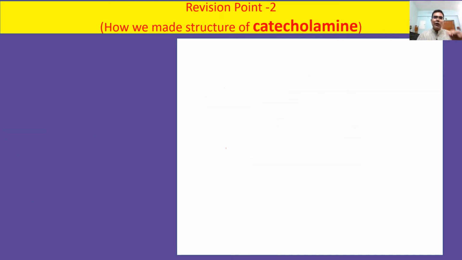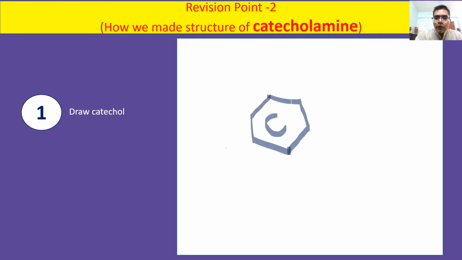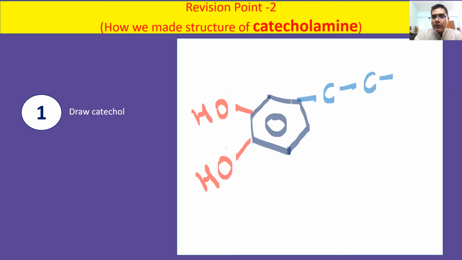Now revision point 2, how we made the structure of catecholamine. We have drawn the structure of catechol, and then we have added the amine part, CCN, on the third carbon, that is 1, 2, 3 on the third.